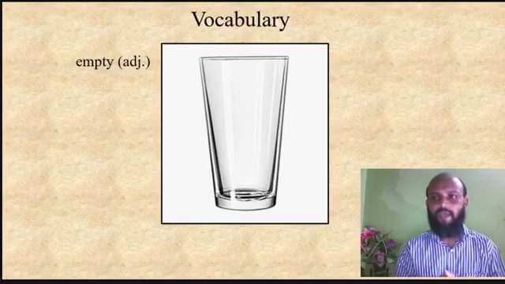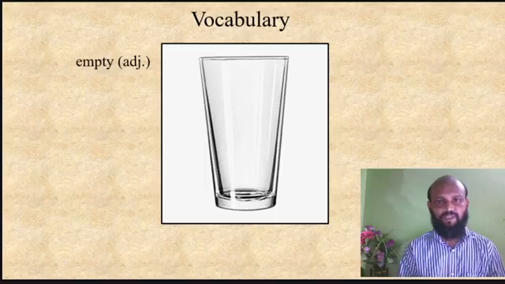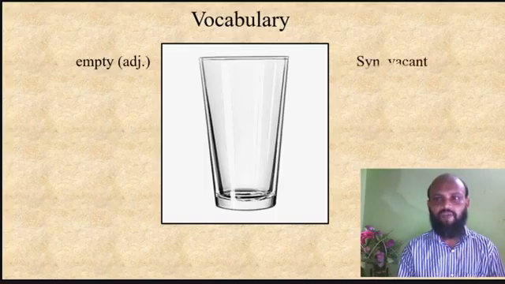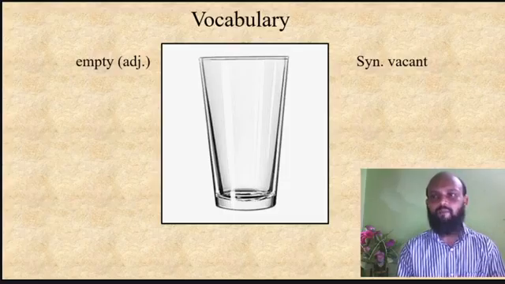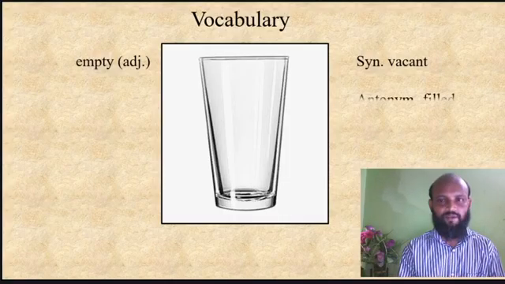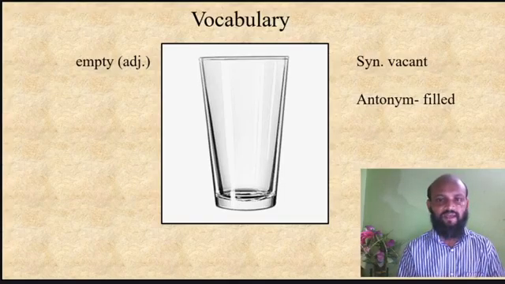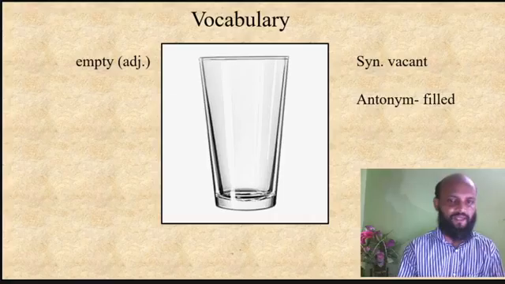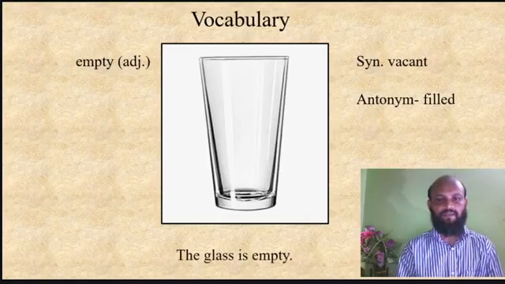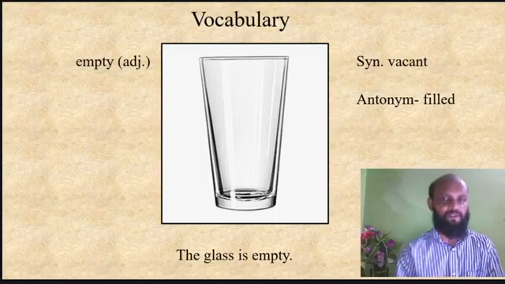So you can easily understand that the word empty means vacant. The synonym is vacant, and the antonym is filled. If you fill the glass with water, you can say filled. Now make a sentence: the glass is empty.